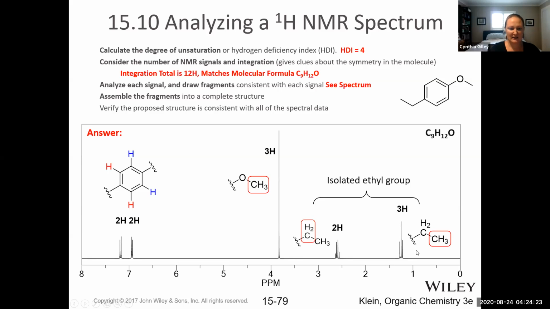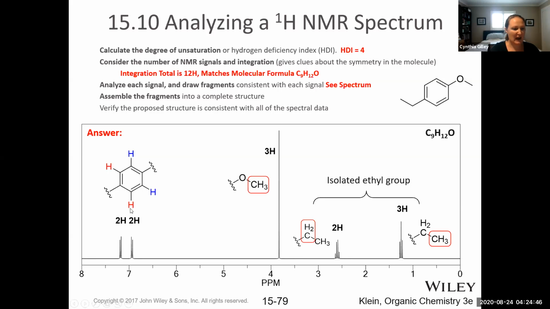Well, there's not too few signals, so I'm not going to worry too much about it. I am going to count up the integration. So 2, 4, 7, 9, 12. So that actually matches my formula, H12. So I'm not worried about too much additional symmetry.